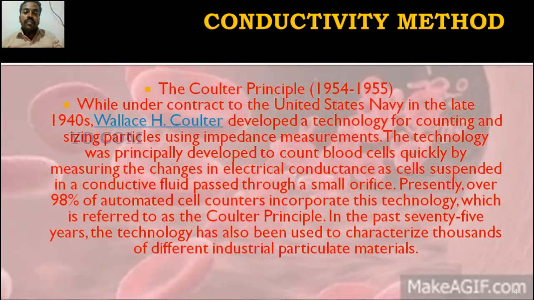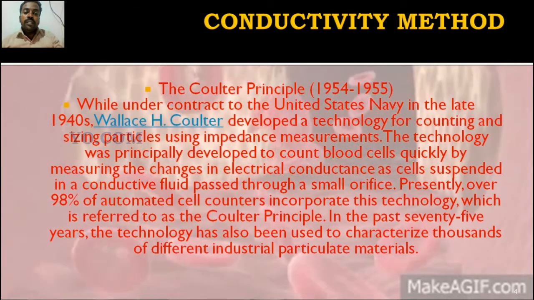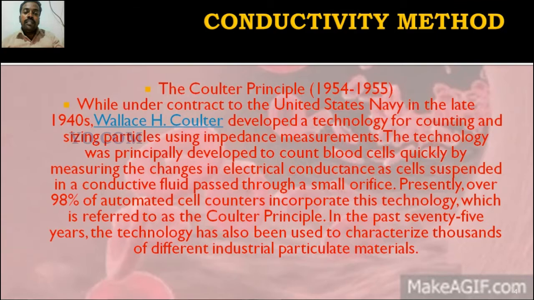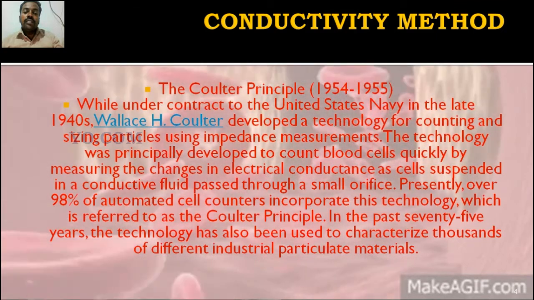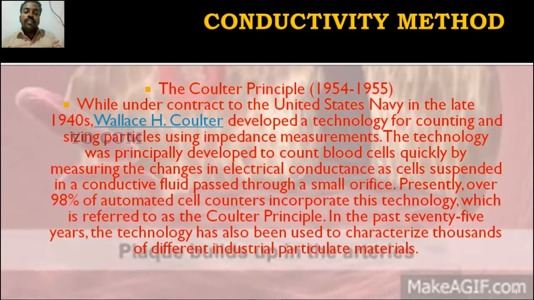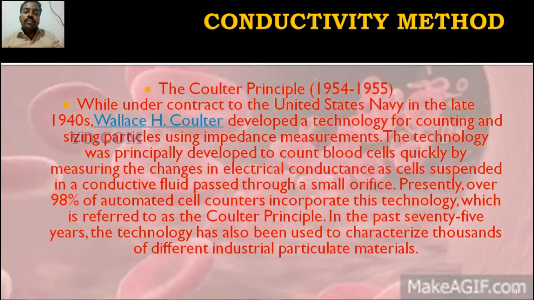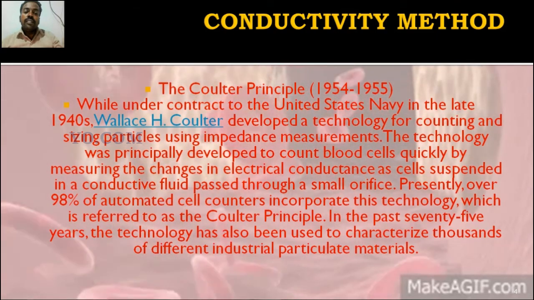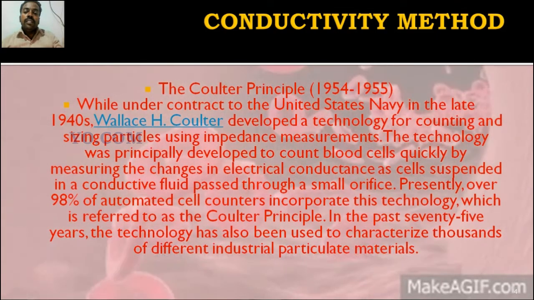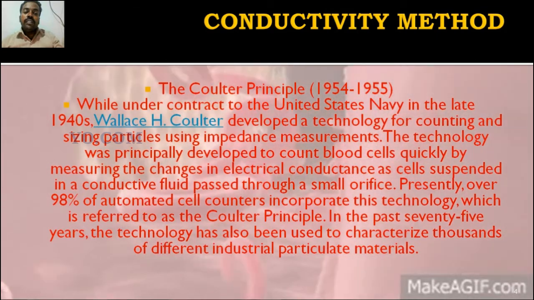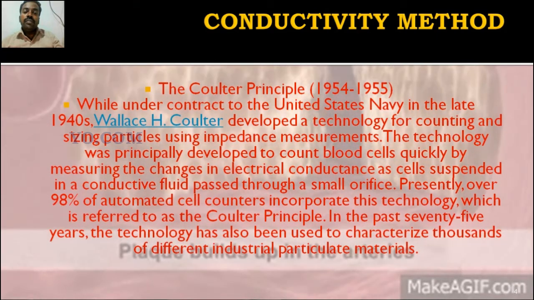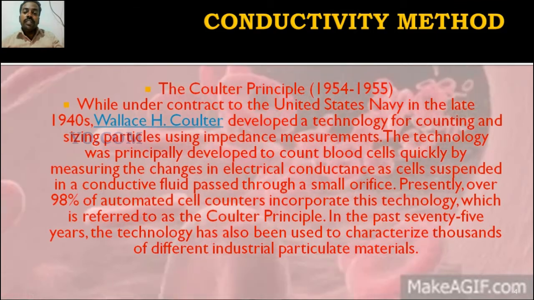The Coulter principle was developed under contract to the United States Navy in the late 1940s. Wallace H. Coulter developed the technology for counting and sizing particles using impedance measurement.